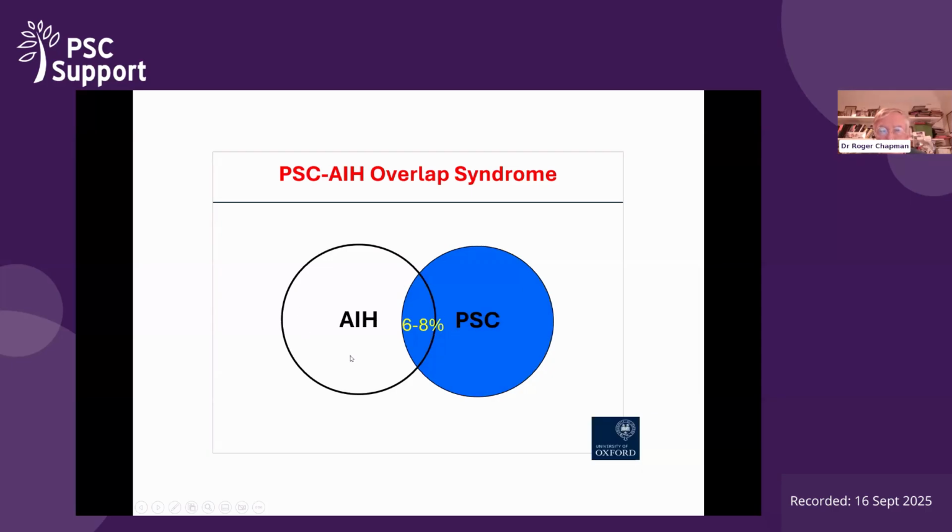It often can manifest that the autoimmune hepatitis can predominate early on, and as the disease progresses, the PSC becomes more obvious. That's certainly true in children, who can present with PSC with an autoimmune type disease. It used to be called autoimmune sclerosing cholangitis, a term which I hate, but there certainly is an overlap.